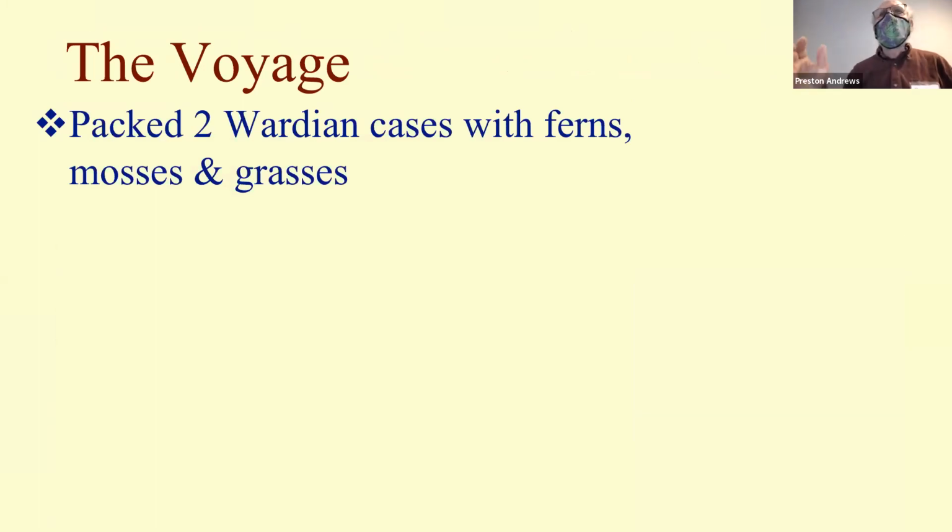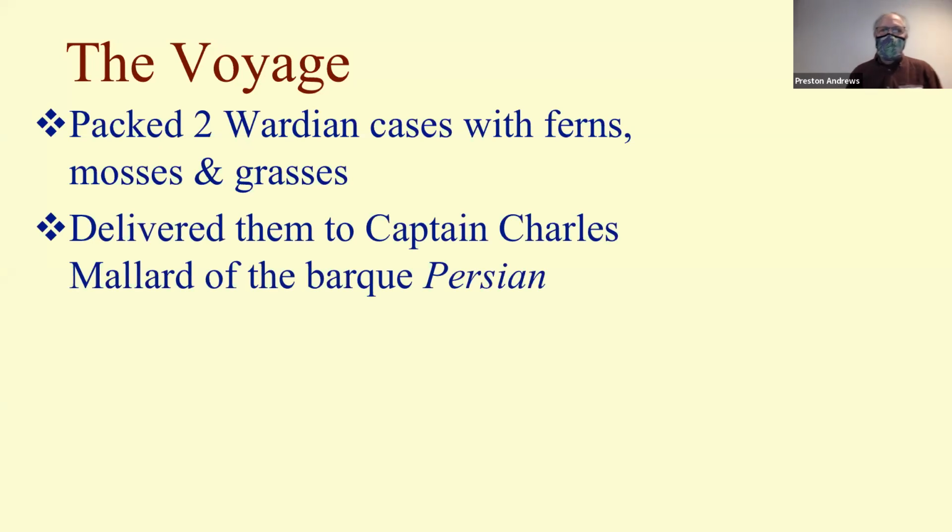They're going to do the biggest voyage possible. This is going to really put it to the test. So George Loddiges and Nathaniel Ward packed 2 Wardian cases with ferns, mosses, and grasses. They took them to Captain Charles Mallard of the Bark Persian, a type of sailing ship. And the Persian was about to leave on the longest sailing voyage known at the time, from London to Sydney, Australia. 6 months at sea to get there.